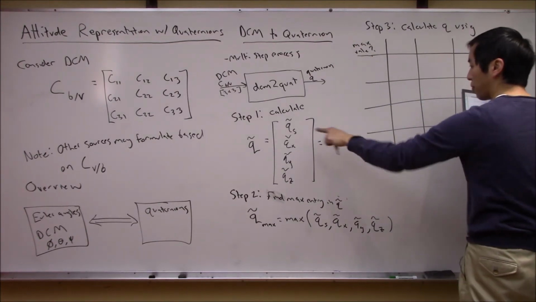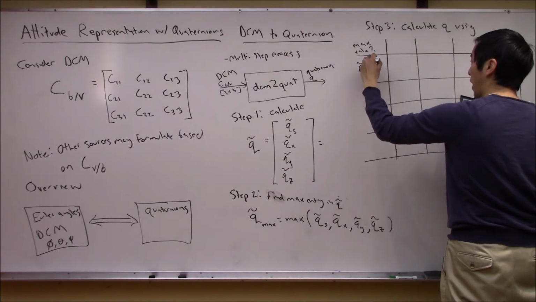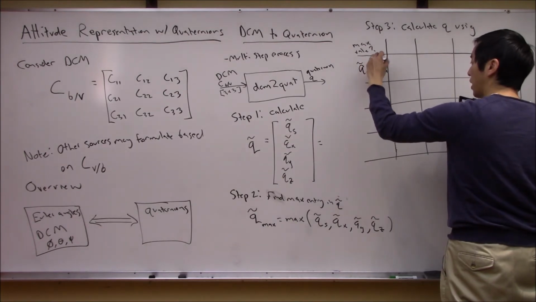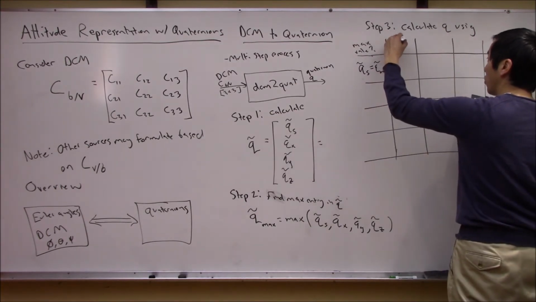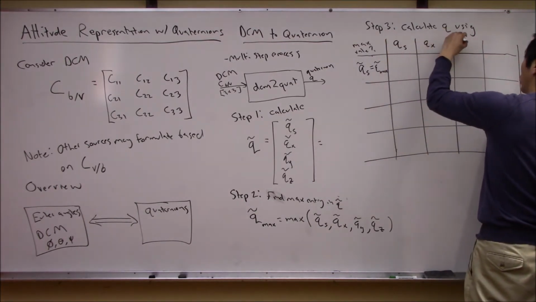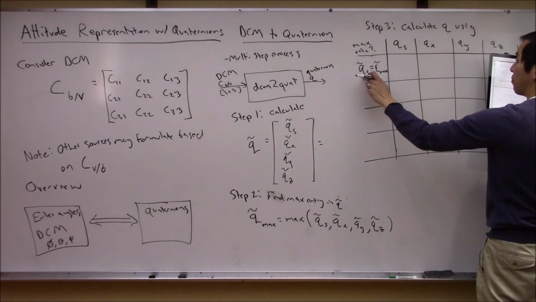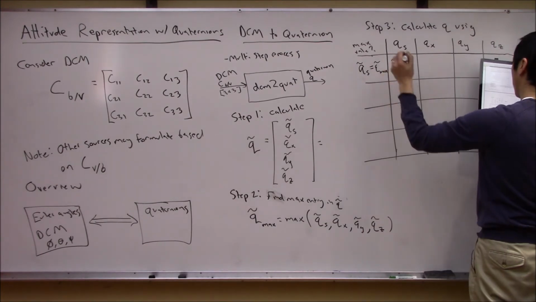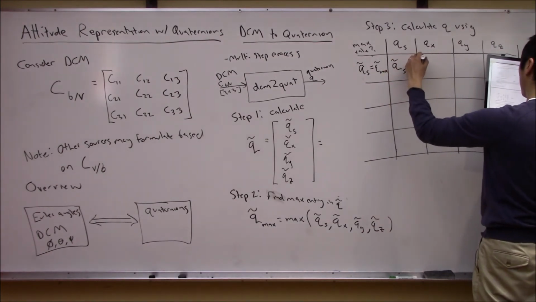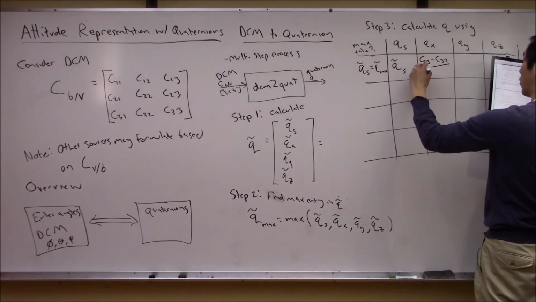So if QS tilde equals Q max, if this was the largest value, then here is what you use for QS, QX, QY, and QZ. For QS, you just use QS tilde. For the next element, you use C23 minus C32 all over 4 times QS tilde.